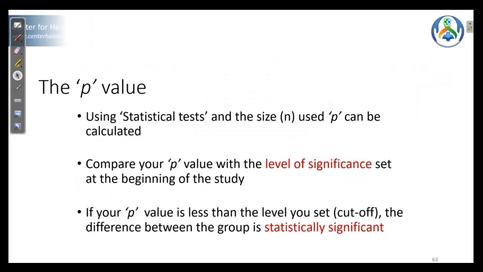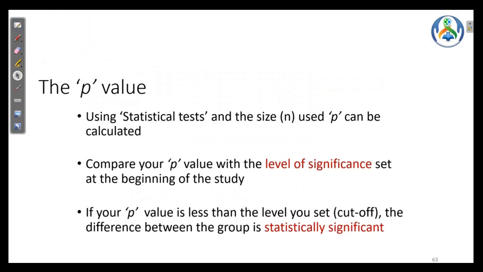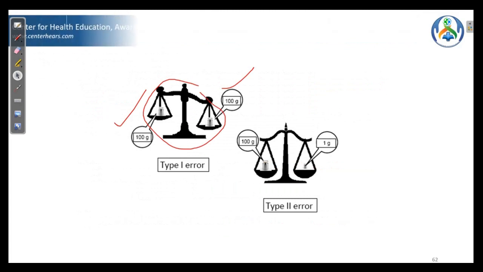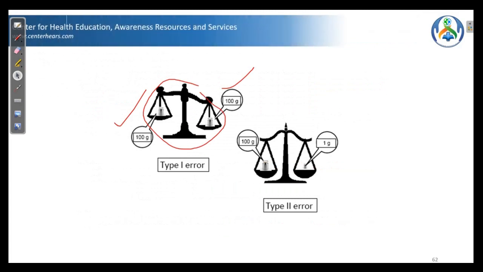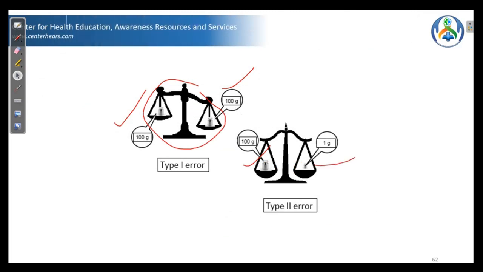Here you can see, the weight is 100 gram and 100 gram, but the test is showing that there is a difference in the weight. Here it is 100 gram and 1 gram, there is a difference, but the test is not showing the difference.